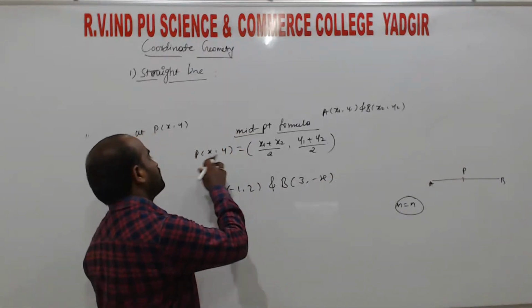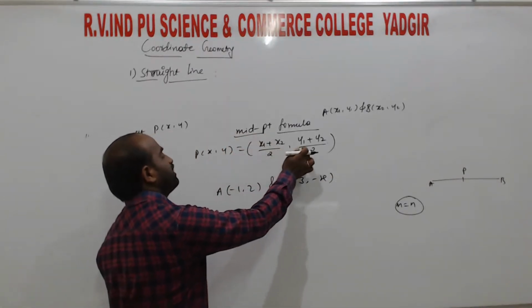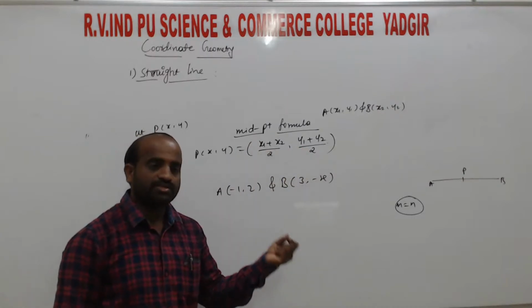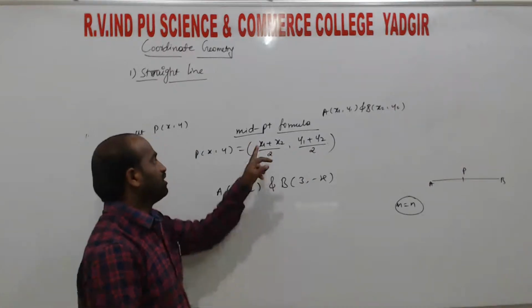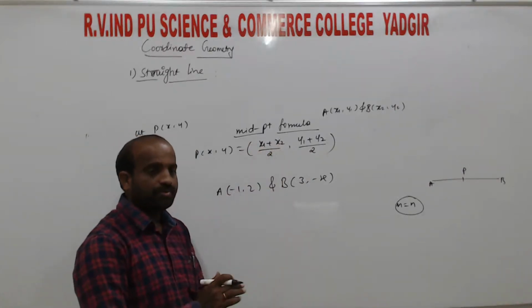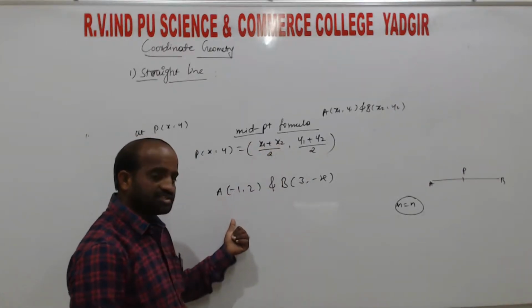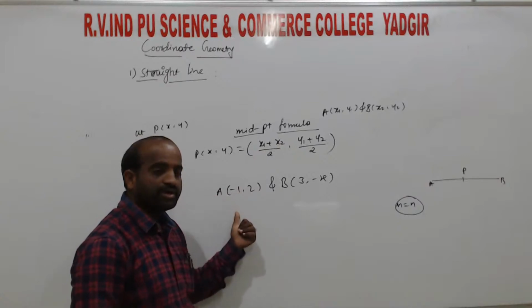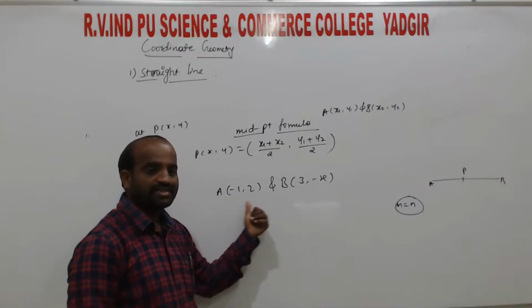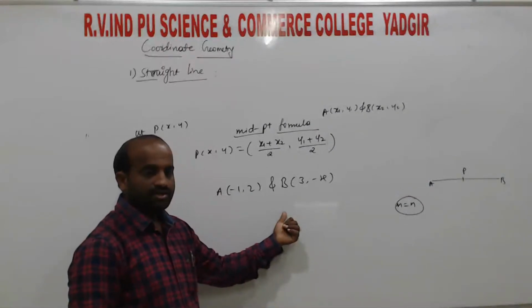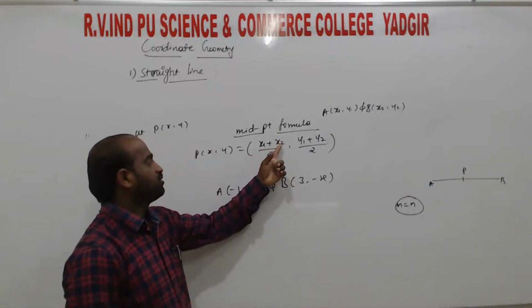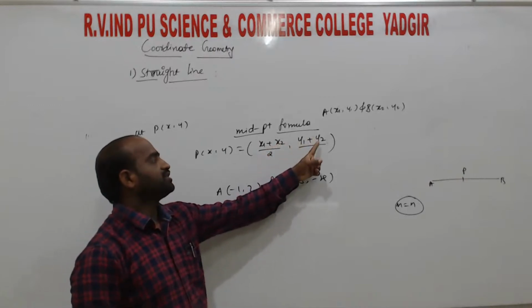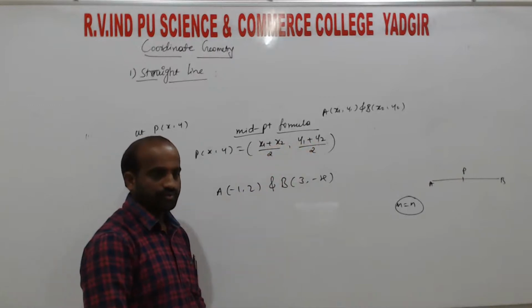This one is the x coordinate, this the y coordinate. x1 plus x2 divided by 2 or x2 plus x1 divided by 2, you can take either, since a plus b is equal to b plus a. The midpoint of the line joining the points A and B is given by the midpoint formula: (x1 plus x2) divided by 2 comma (y1 plus y2) divided by 2.